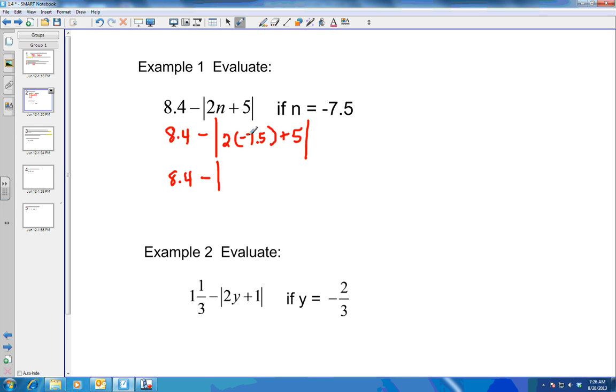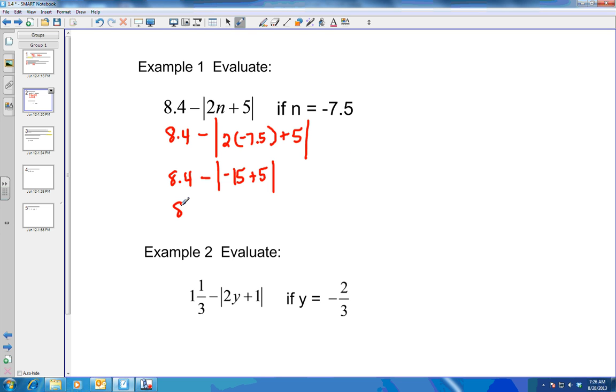So 2 times -7.5 should be a -15 plus 5. Oops, I said 14. That should be 15, sorry. So I'm going to change that to 15. All right, so -15 plus 5.